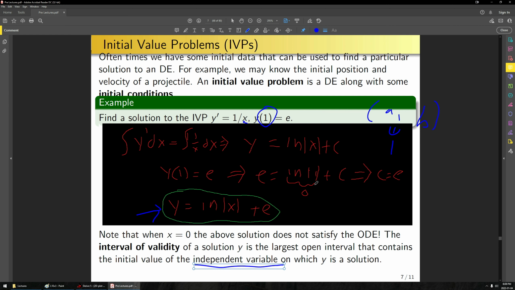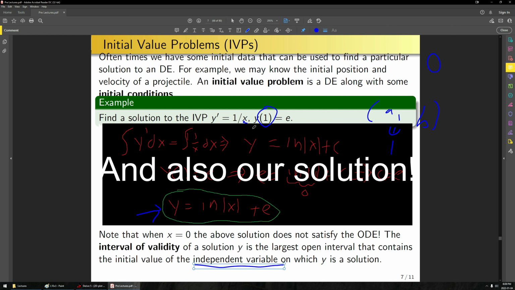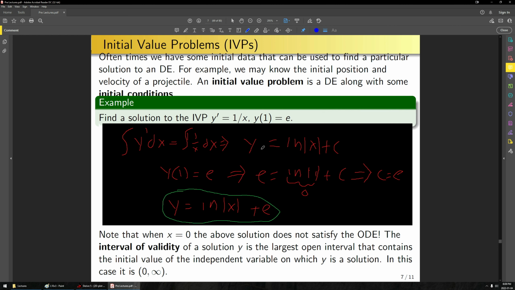Just eyeballing it, I know the differential equation isn't well defined at 0, and that's really the only bad point for the differential equation. So the interval of validity will simply be 0 to infinity. Later on, we will talk a little bit about intervals of validity.